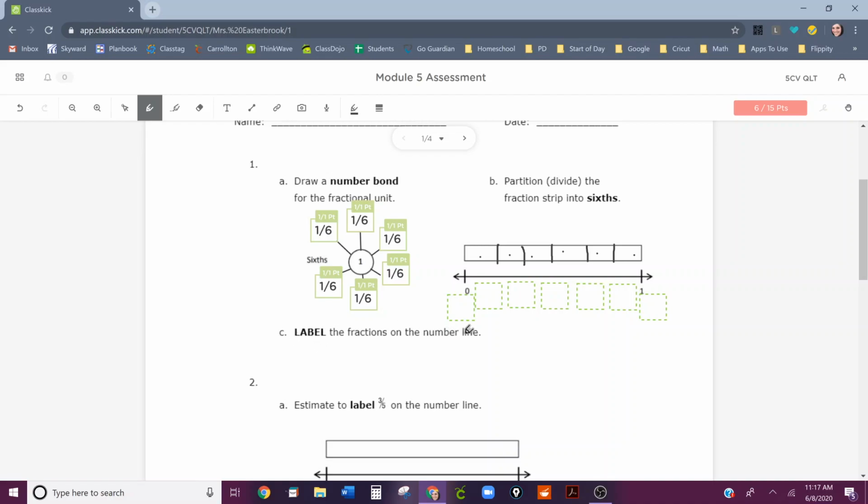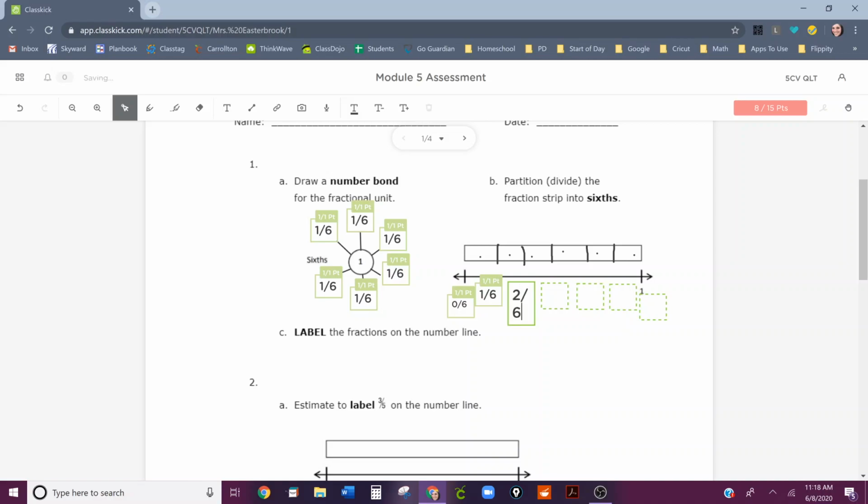C says label the fractions on the number line. So if you look, I put the boxes below the number line, and you just have to label them. So we know that it's broken into 6, so the denominator, or that number on bottom, is going to be 6. Right now we have 0 out of 6, which is 0/6. And then we have 1/6.